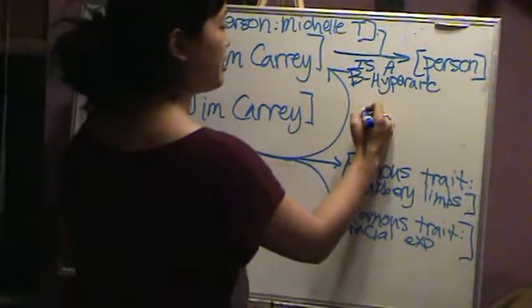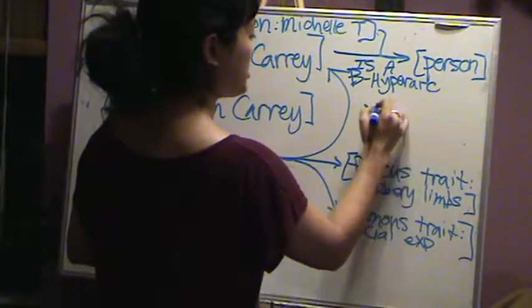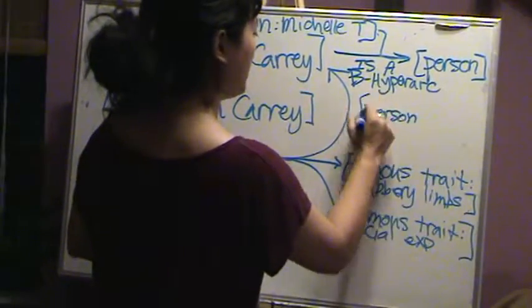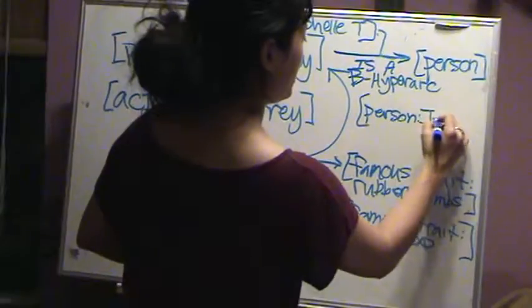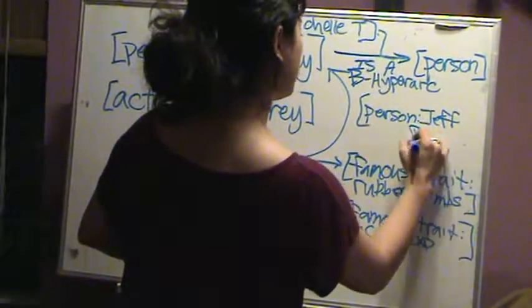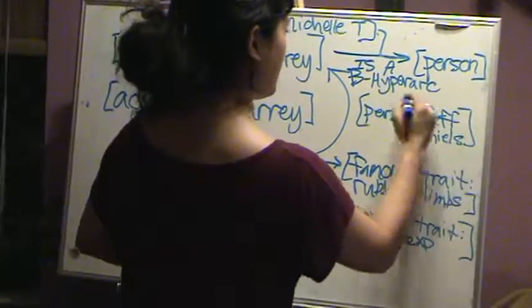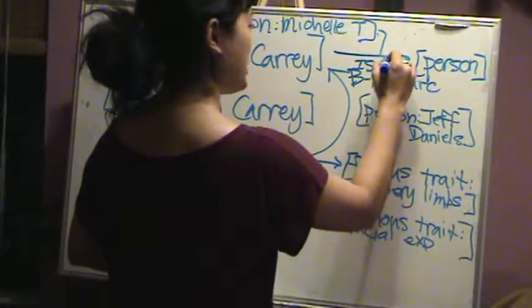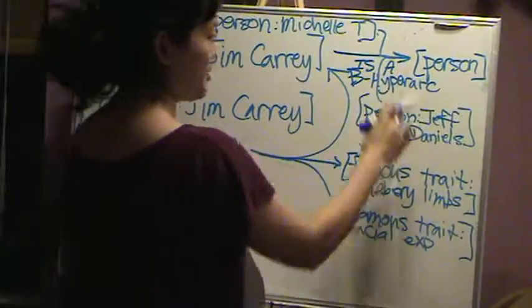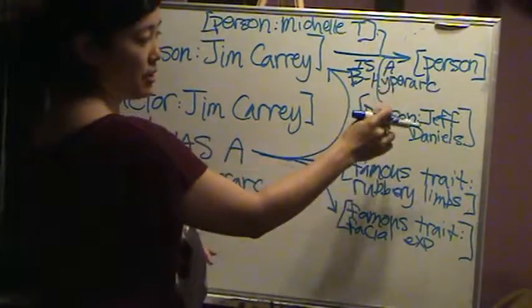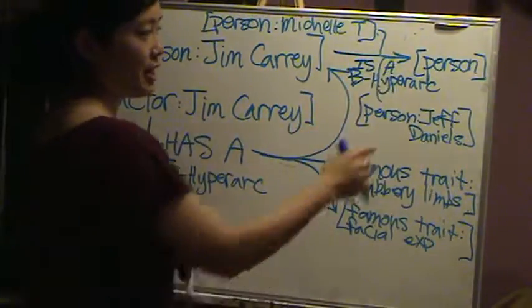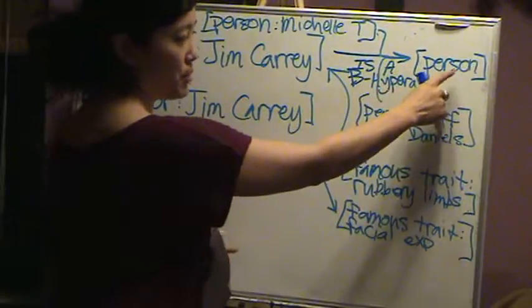We could also have person, I'll say another celebrity, Jeff Daniels. And that will also be connected to that is a hyperarc. So this is a hyperarc. This hyperedge belongs to person.